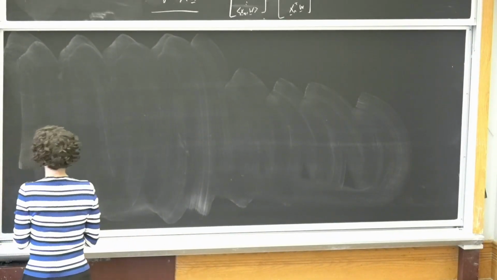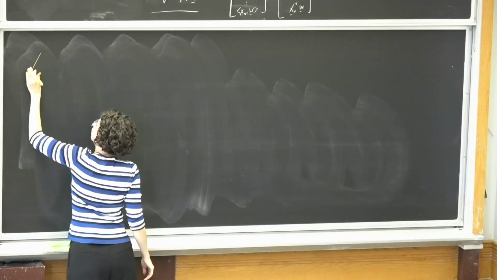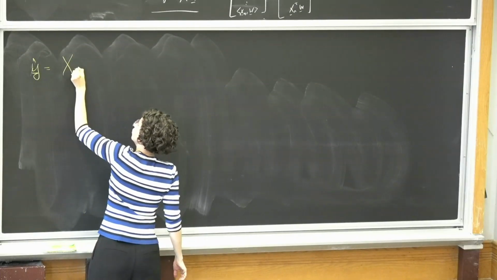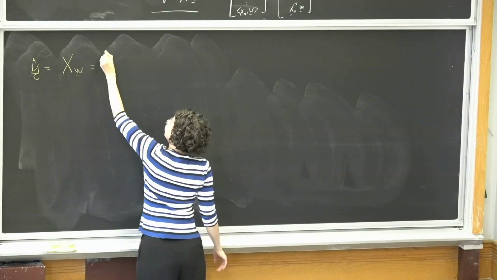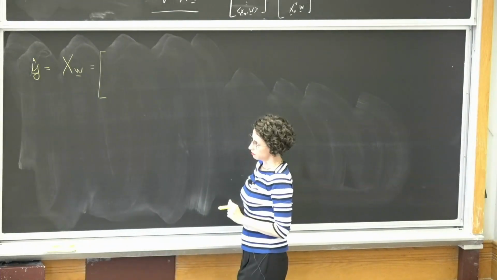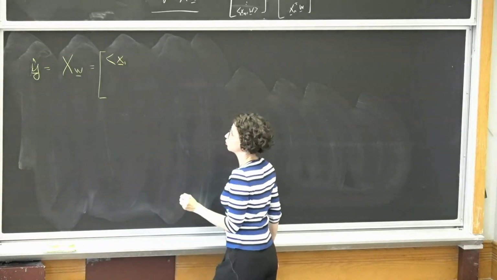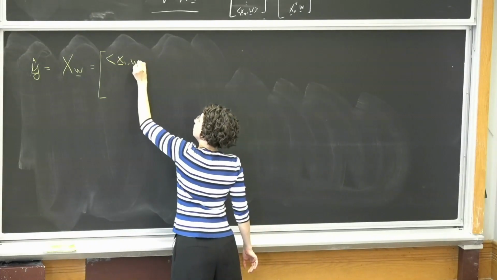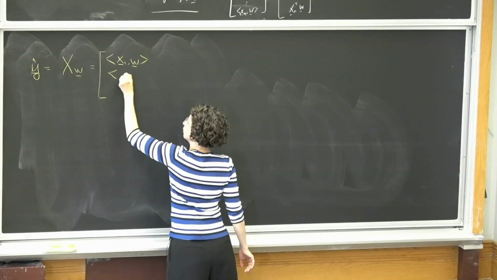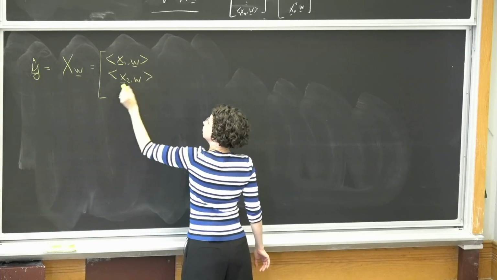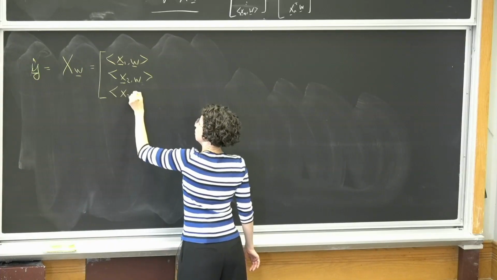So in particular, if we wanted to compute y hat vector, which is XW, then the first entry of this is going to be the inner product of our first feature vector x1 and our weight vector w. And then we're going to do the same with feature 2. And then we will do the same with feature 3.